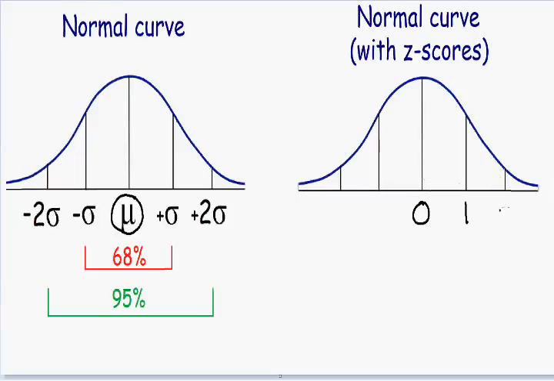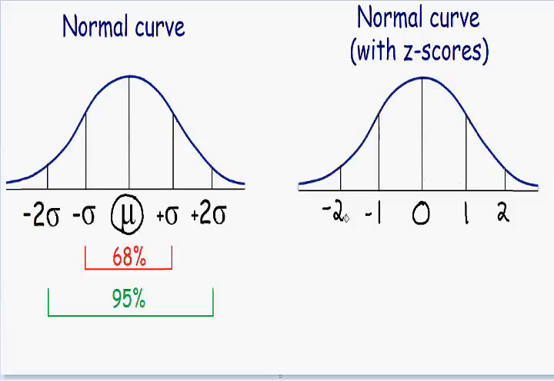So I'm going to draw a +2, which represents 2 standard deviations above the average. And the same concept applies to the left, except we use negative numbers. So 1 standard deviation to the left of the average is going to be a -1 z-score. And 2 standard deviations below the average is going to have a -2 z-score.